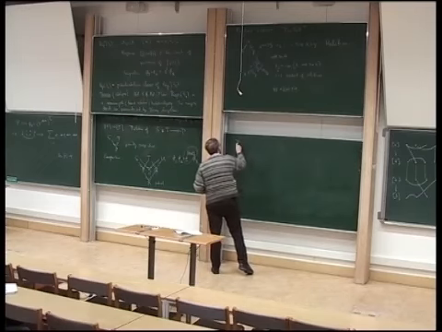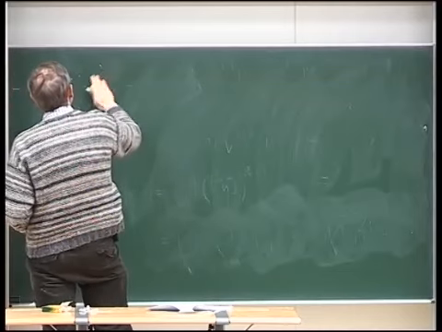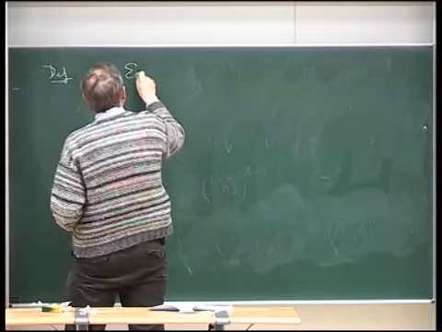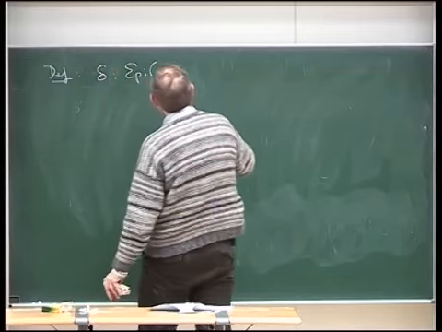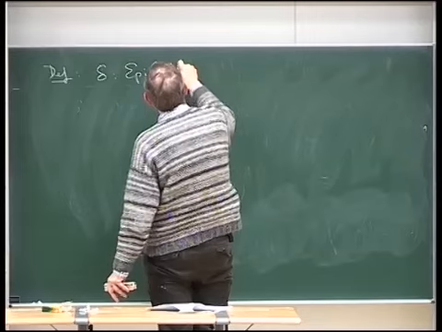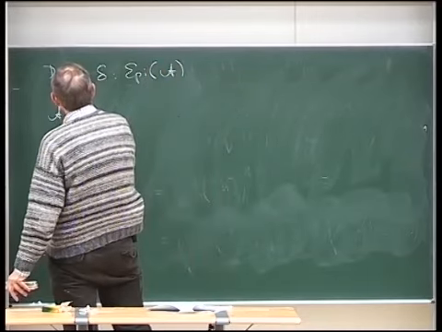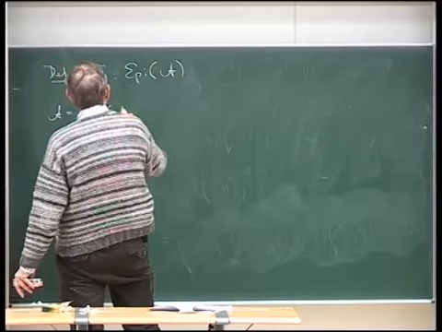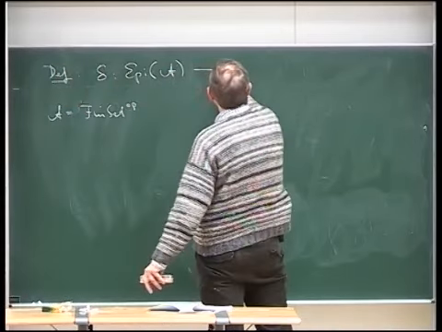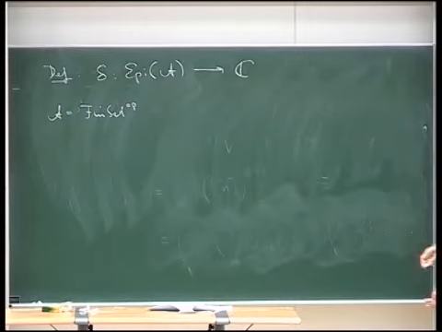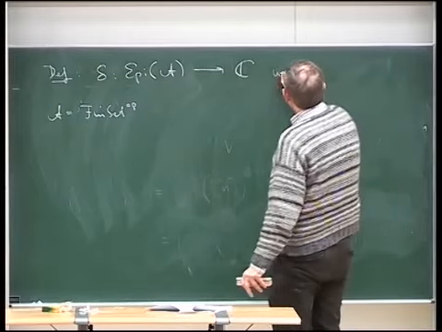Therefore, definition: delta is now a map from all epimorphisms, and now we call A the category FinSet op, to C. It's a map with three axioms.